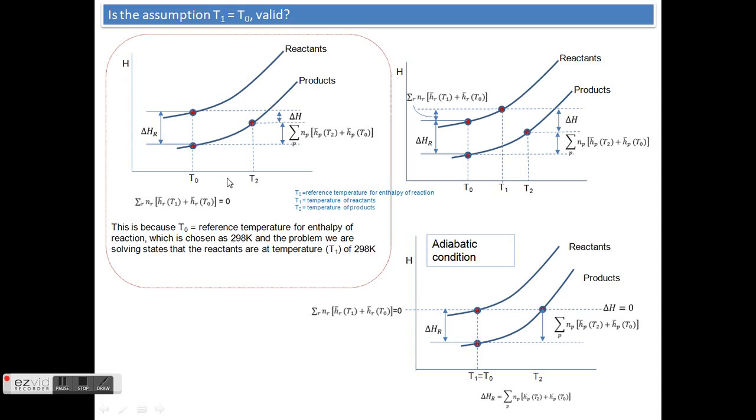And the question says the biogas is entering the system, the turbine, at 298. So in fact, that's not an assumption. It actually makes us aware that T1 is equal to T0, and this is our exit temperature.